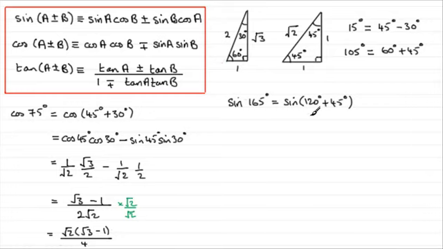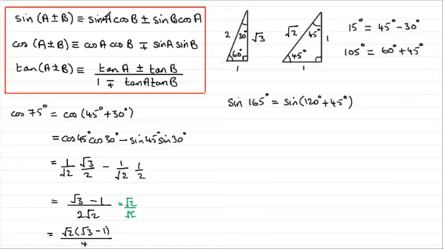Now, did you pick 120 degrees? Maybe not. 120 degrees, though, is based on the 60 degrees, as you'll see in a moment. This is our A, this is our B, and we're going to use the sine of A plus B up here.